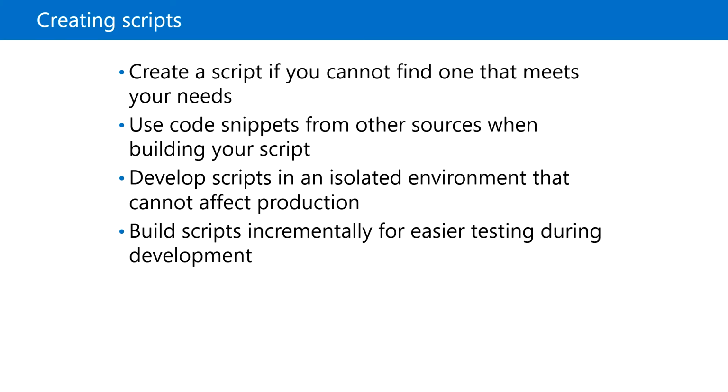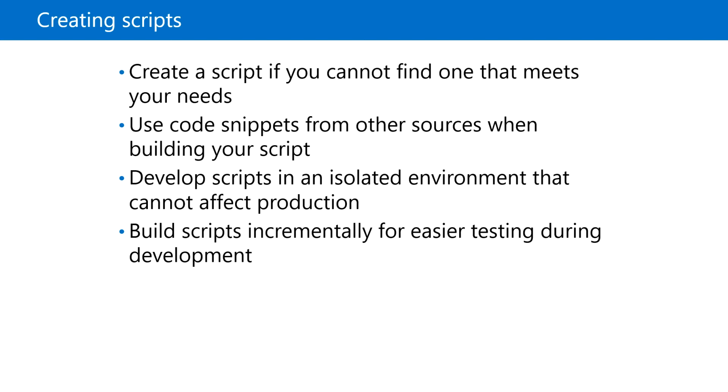Next we'll see creating script. So when we create a script, in case you are not finding any existing script to download or modify, we can create our own script. We can also use code snippets from other sources when we build our scripting.